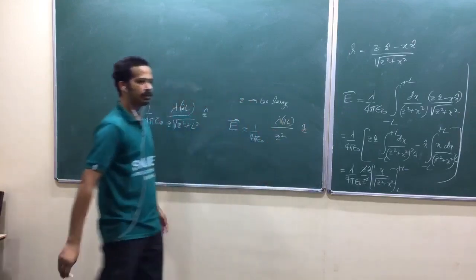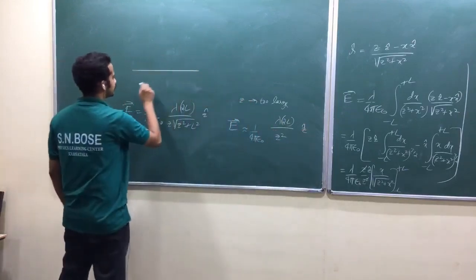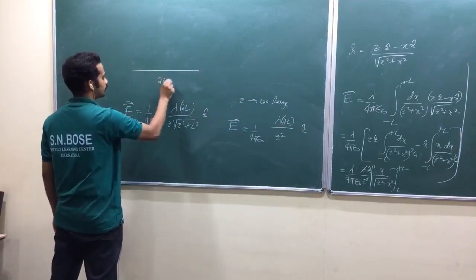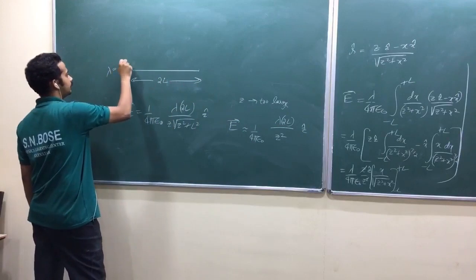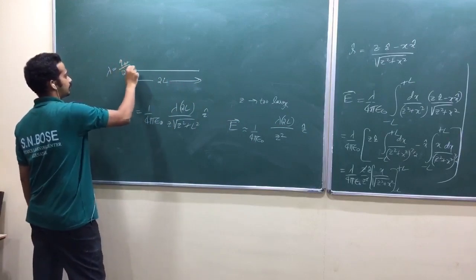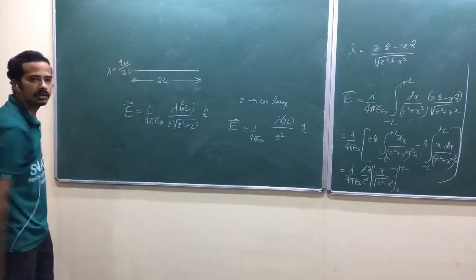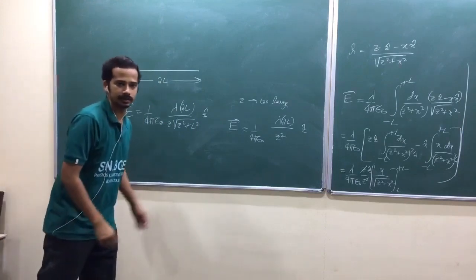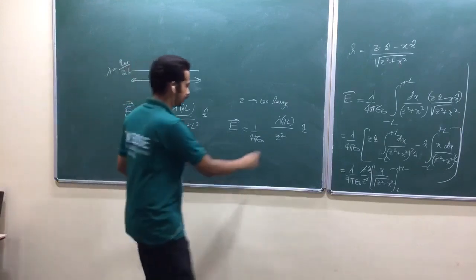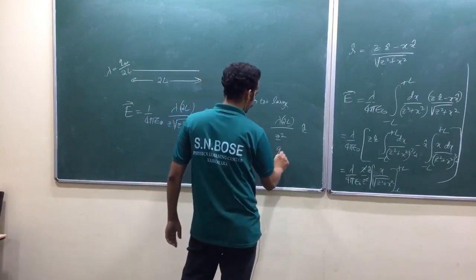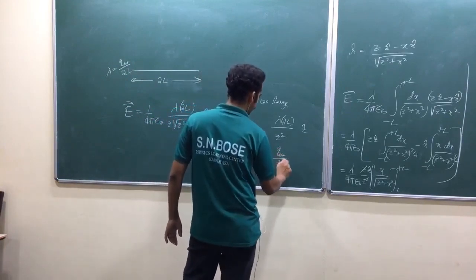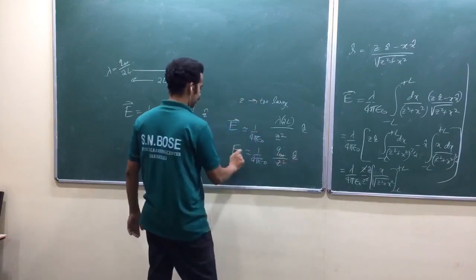What is lambda into 2L? Any idea? Total charge, am I right? This length was 2L and lambda was the charge density, with uniform charge density. That's why this is your total charge. So 1 by 4 pi epsilon naught, total charge divided by z square, z cap. What is the interpretation?